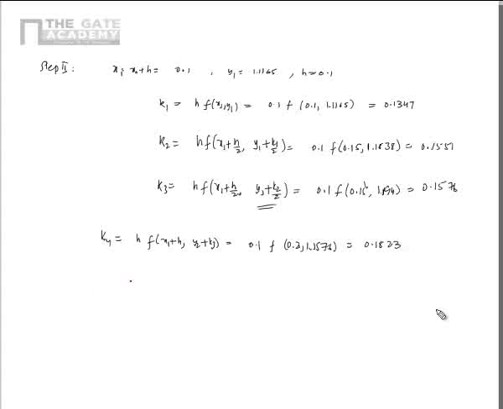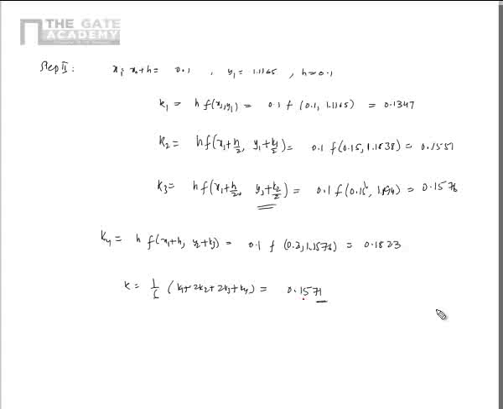This is k4. So k is 1 by 6 of k1 plus 2k2 plus 2k3 plus k4. If you just substitute all this, I get a value of 0.1571.